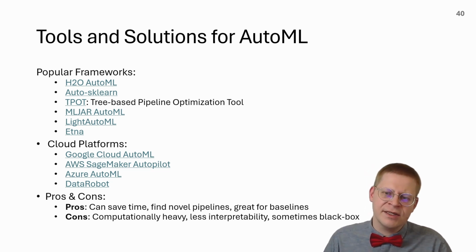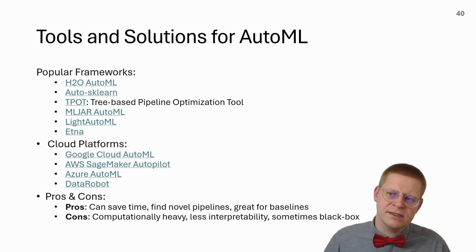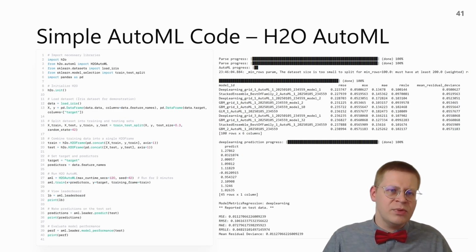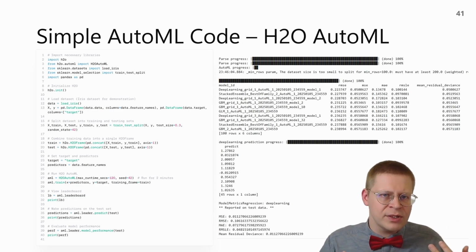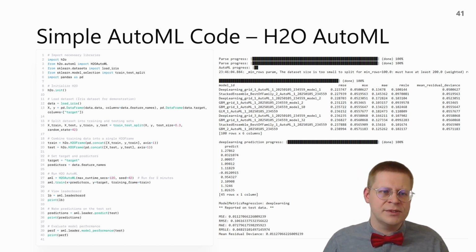Selecting the right tool depends on your specific needs, data size, and technical expertise. And this is an example of AutoML code with H2O AutoML. Basically, it looks similar to the pipelines and to the cross-validation schemes, pretty straightforward.